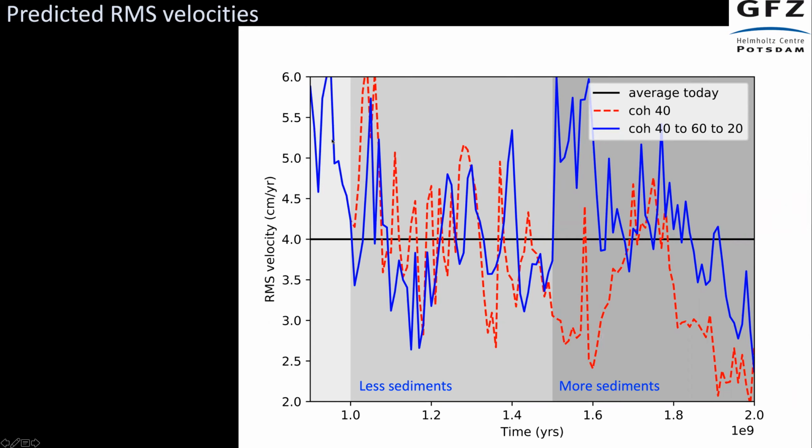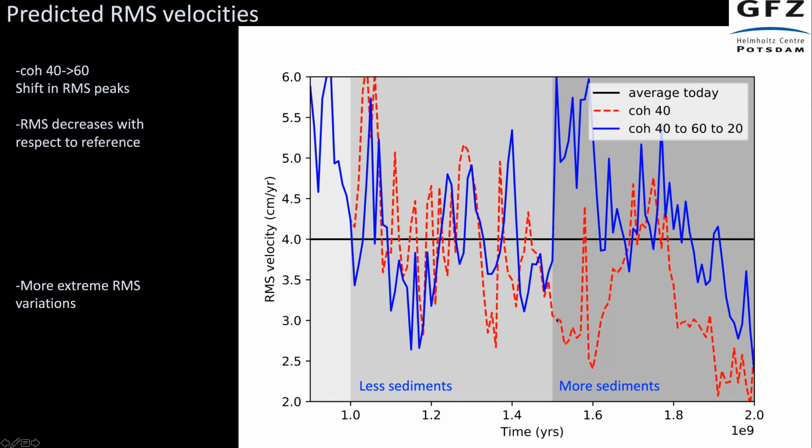And in the blue line, we see this model which switches from cohesion 40 to cohesion 60 at 1 billion years. And so immediately we see this kind of lag, this shift in the plate speeds as we increase the yield strength. And then we see just a decrease in the plate speeds for the higher yield strength or having less sediments in the trenches.